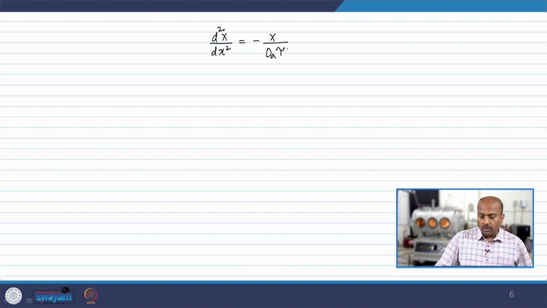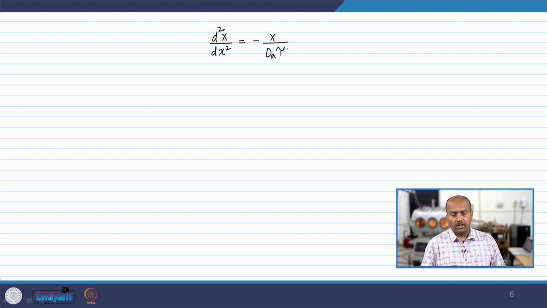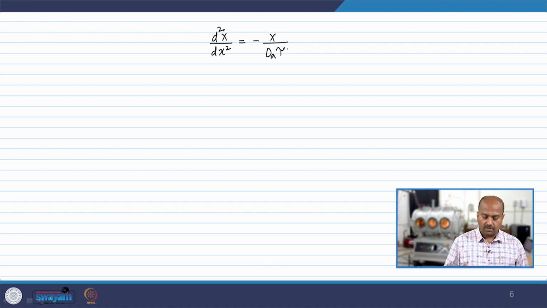Now, how can we solve this differential equation, the second order differential equation? There are multiple methods. You can assume a solution such that you take two derivatives of that, and you still have some form of the same solution appearing on the right hand side.